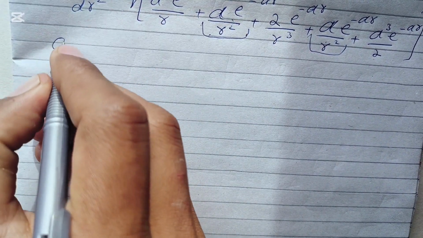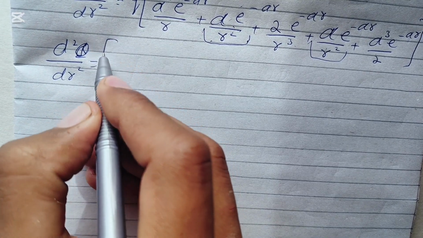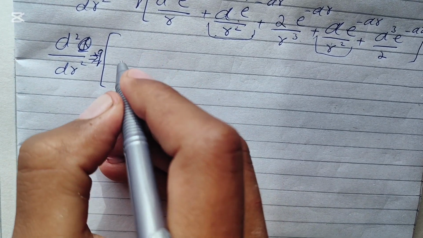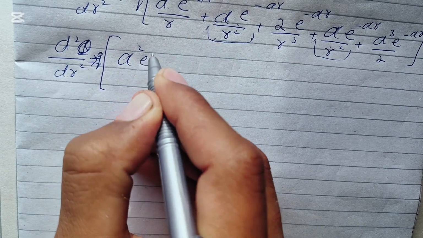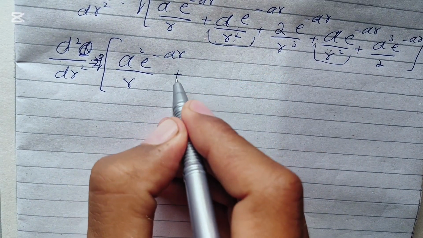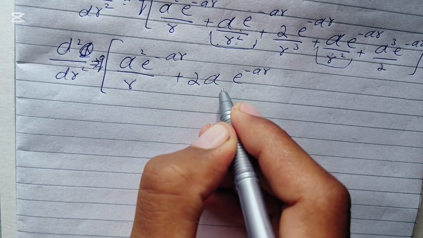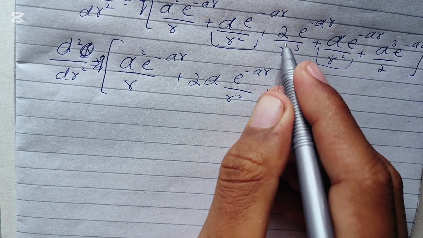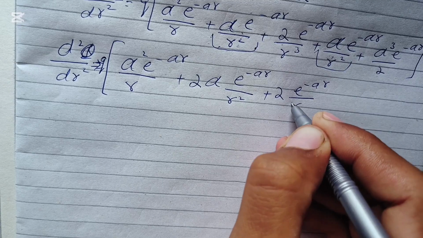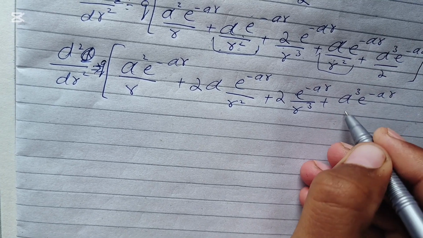Now we will rewrite this equation d square phi divided by dr square, which is equal to alpha square e^(-alpha r)/r, and these both terms are added to get plus 2 alpha e^(-alpha r)/r square, and the same, 2 e^(-alpha r)/r cube, and the other is alpha cube e^(-alpha r)/2.